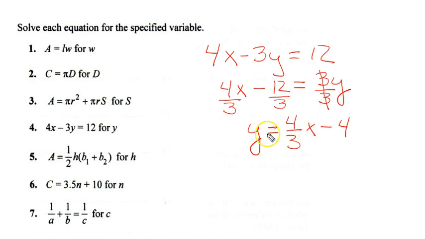And the reason I'm writing it this way is this is something we'll be using in our next chapter, which is slope-intercept form. Y equals mx plus b. So this is somewhat in standard form. Well, actually, it's in standard form.